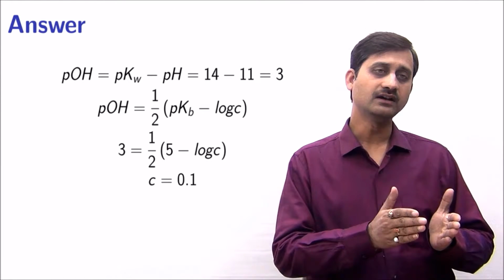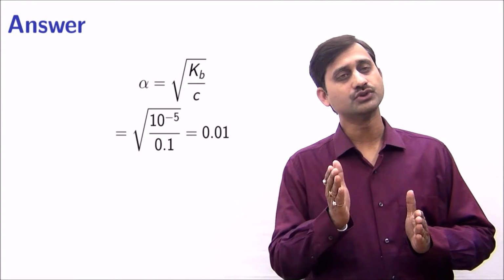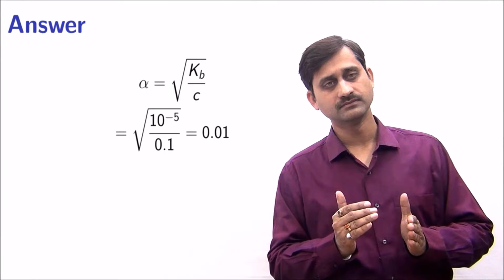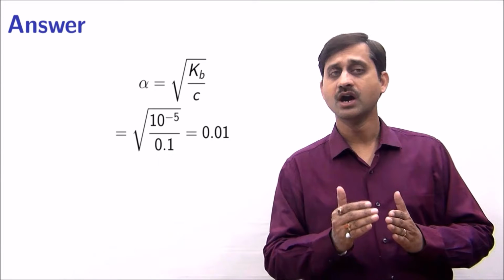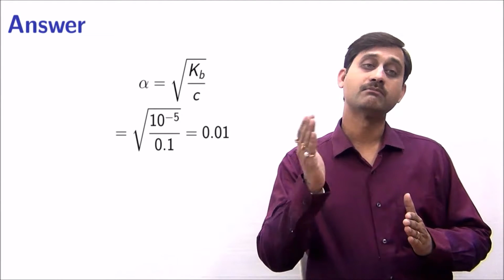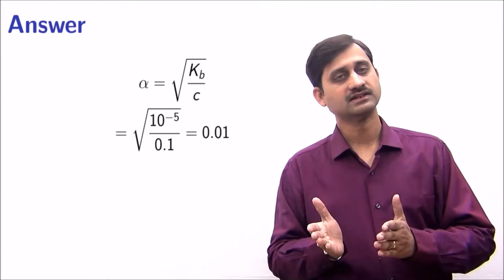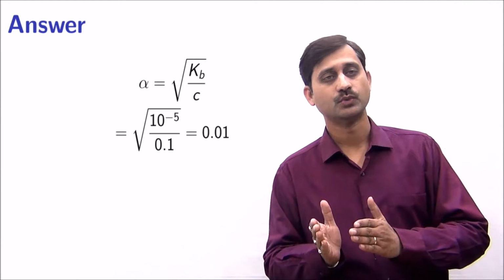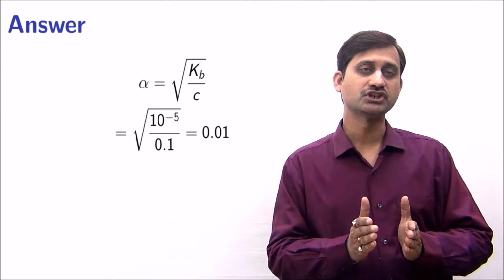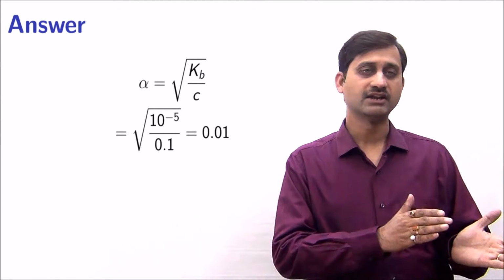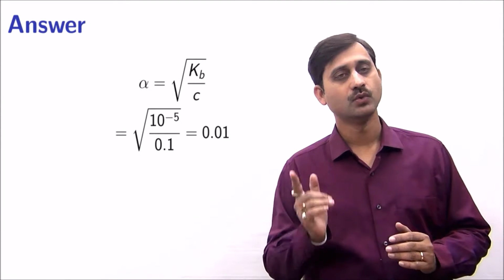Now, alpha is equal to under root of Kb by C. That will be equal to under root of 10 raised to the power minus 5 by 0.1. The answer turns out to be 0.01. So the degree of dissociation is 0.01, 10 raised to the power minus 2, or simply 1%.